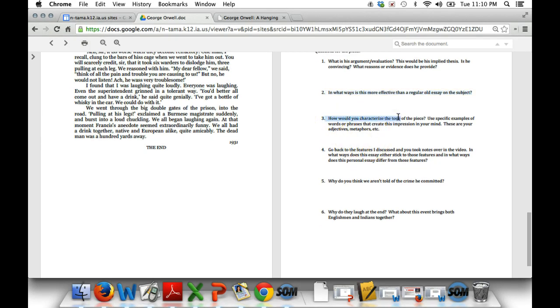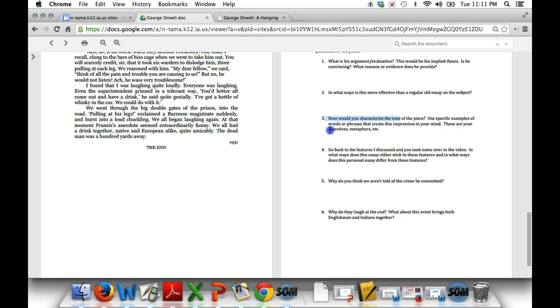The next one. How would you characterize the tone of the piece? The tone is a lot like the mood. Is it serious? Is it funny? Is it sad? What kind of tone is set, and how do you know that tone is being used or supposed to be? You're gonna find specific examples of words or phrases that create this impression.